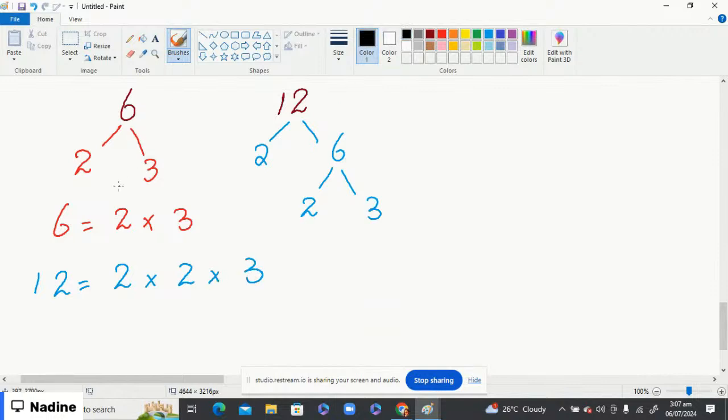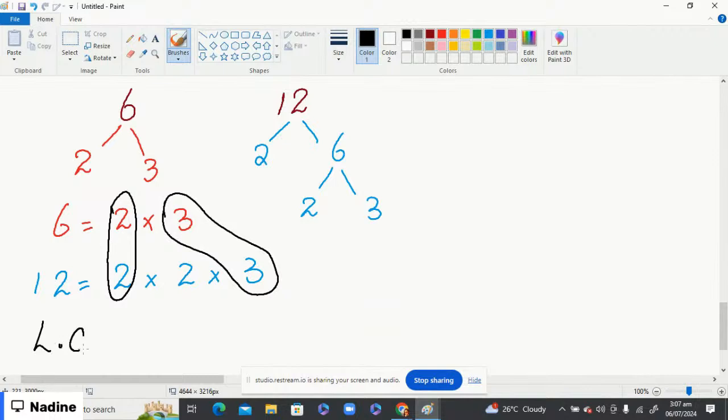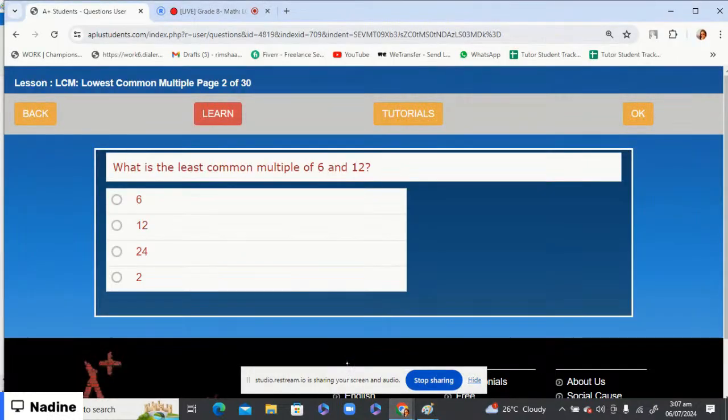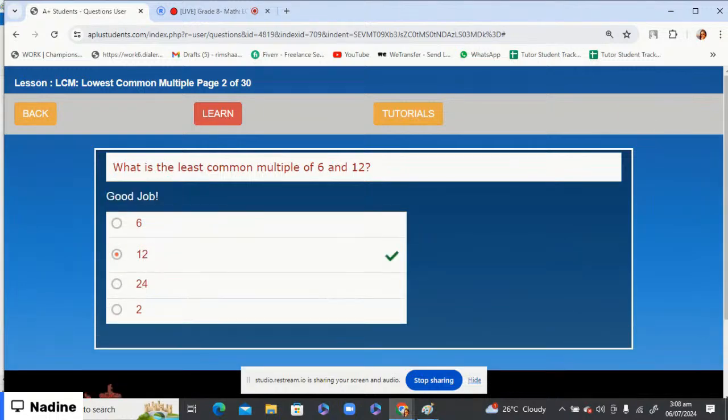Now what is common? This 2 is common, and the 3 is common. So what is your LCM? Common is 2 times 3, and non-common is 2. When you multiply all of it, this is 12. Let's check whether there is an option for 12. Yes, it is here. So that is your right answer.